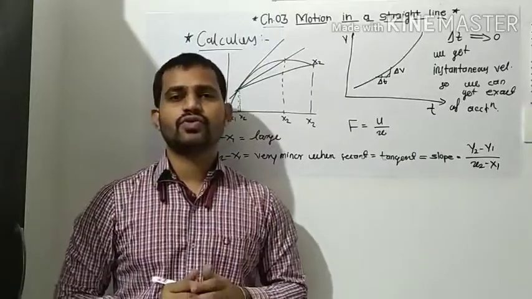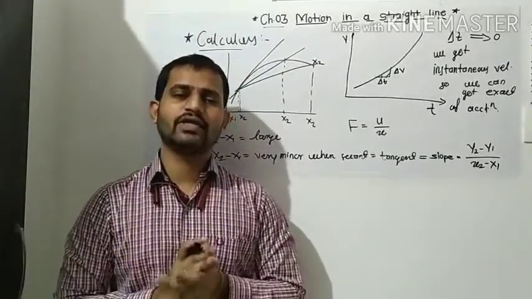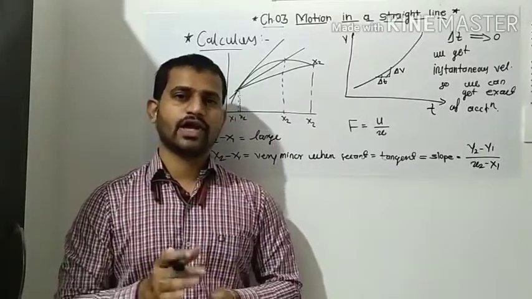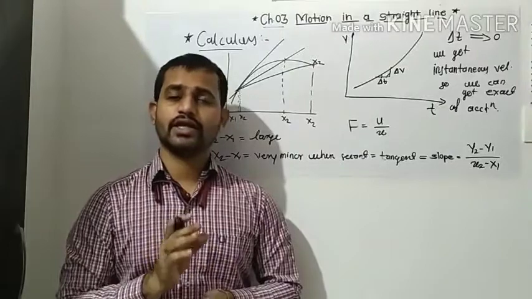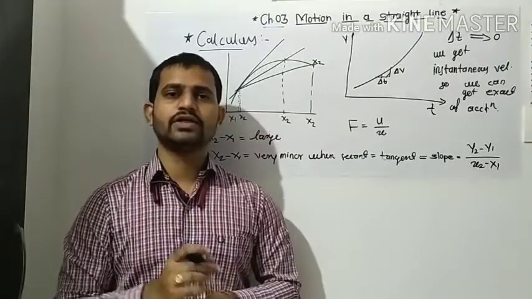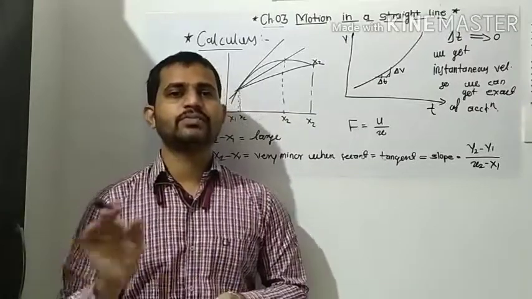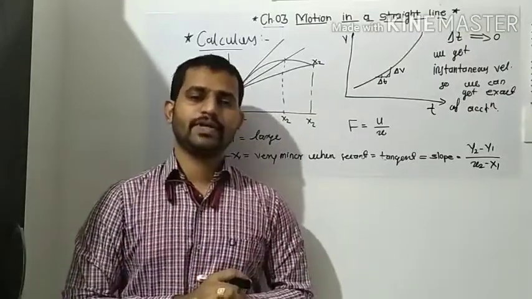So to get the exact value of any physical quantity, differentiation is a very important calculus method. We have to use the derivative of that physical quantity with respect to the change in the basic quantity.